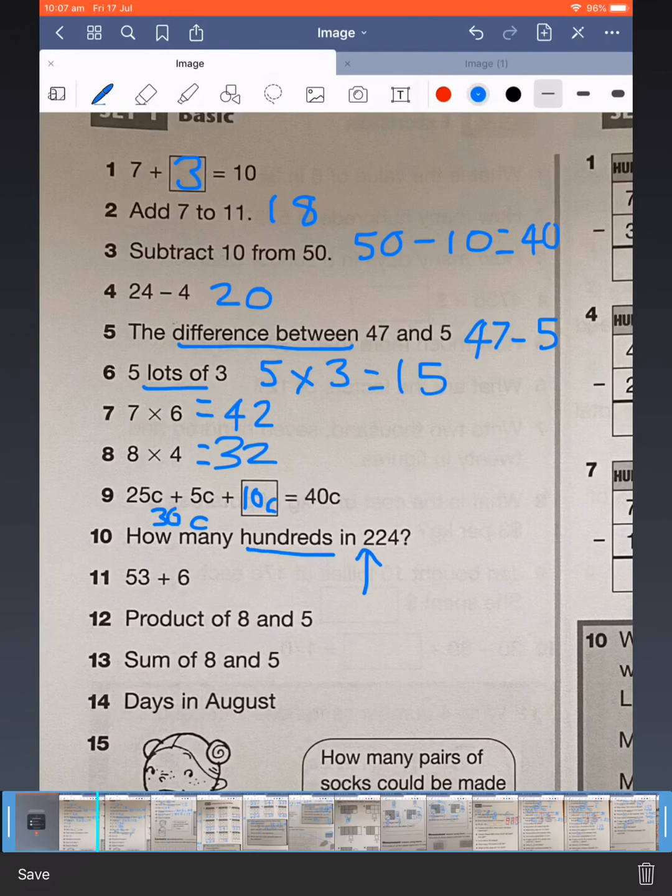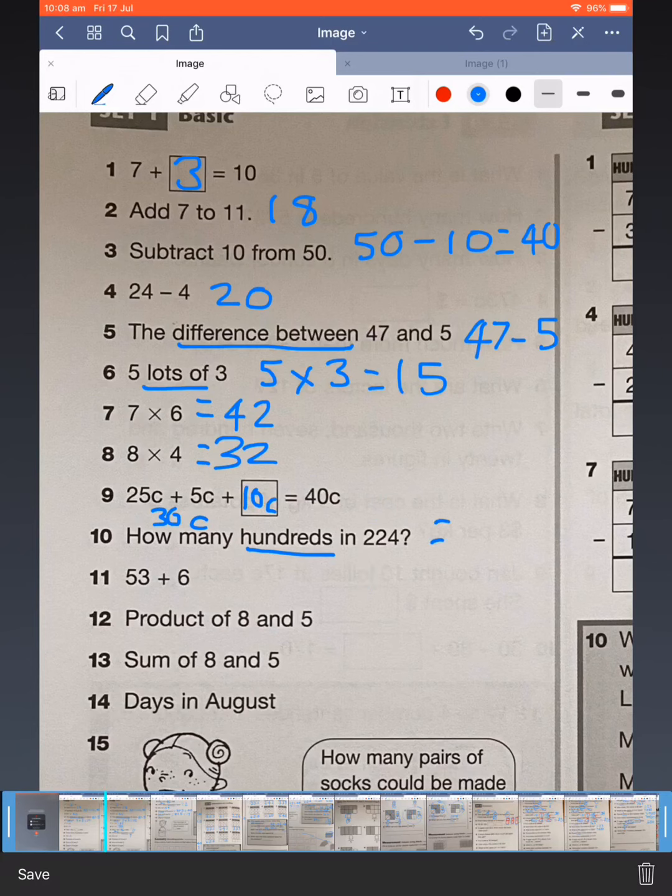The one on the right is always the ones, then the next one is the tens. Usually it has 2 digits after it, and that's when we know that it is the hundreds. So how many hundreds are there? There are 2. Correct, so the answer is 2.